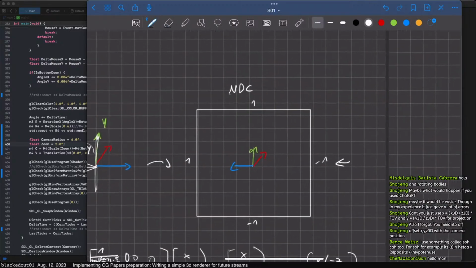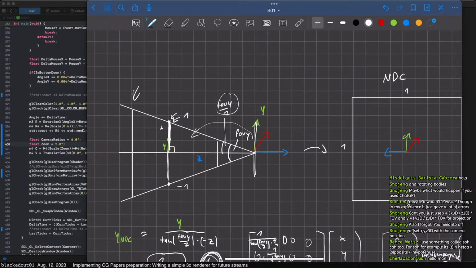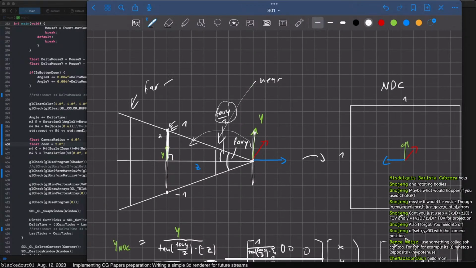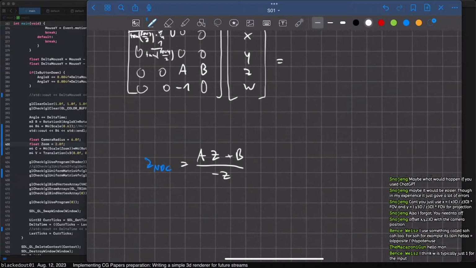And like shown here, this here is the far plane, and this here is the near plane. And we want the far plane to be mapped to this here. So the far plane should be mapped to 1. And the near plane, yeah, that's true.